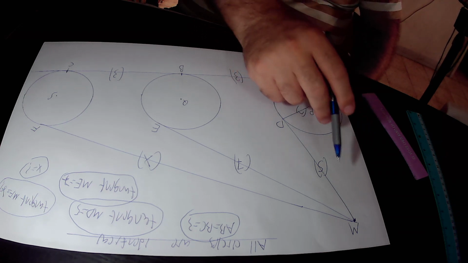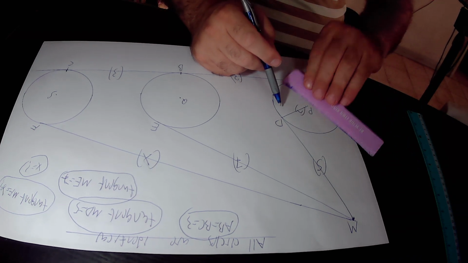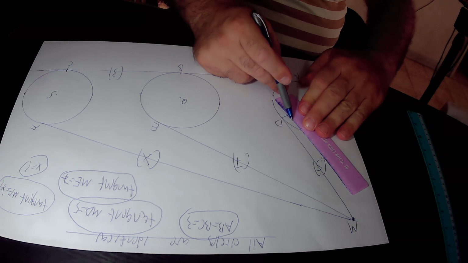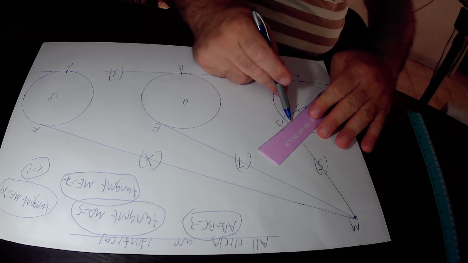If PD is perpendicular to MD, it means that this angle equals 90 degrees according to rule 1.